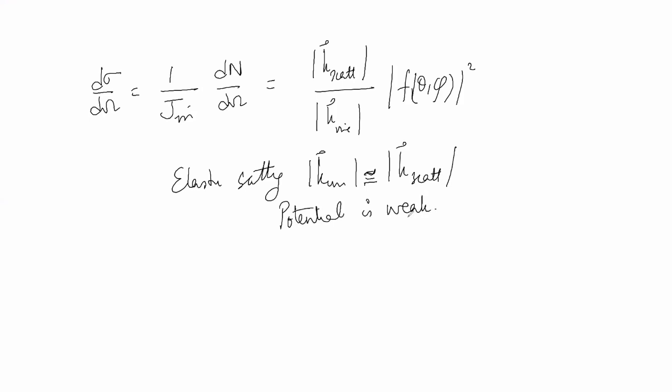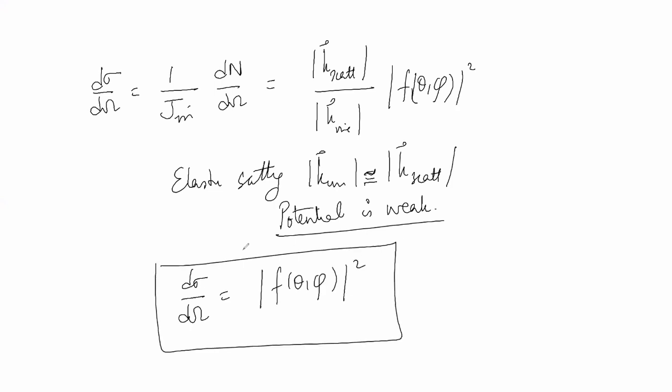That is why not much change in K has taken place. Potential is weak, and that is why not much change has taken place, and we can write d sigma by d omega, as then only the scattering amplitude is good, as equal to mod of F theta phi whole square.